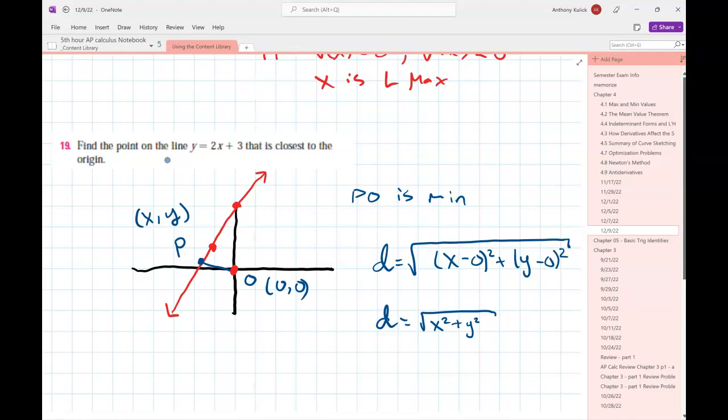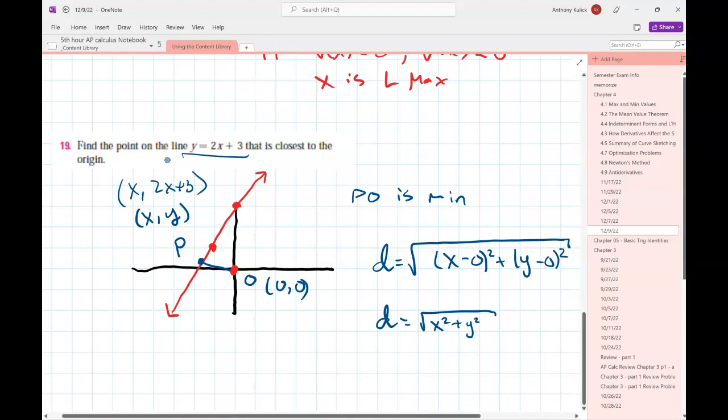I have two variables, x and y. How do I rewrite this so that it's in terms of just one variable? Yeah, I just use this, right? So this point here could be x comma 2x plus 3, because that's what y is equal to.